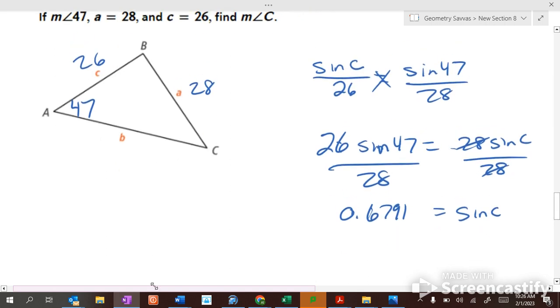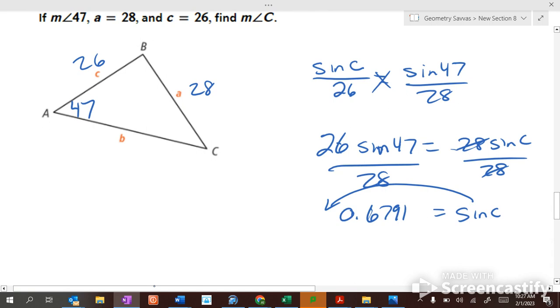Okay, and then to move the sine to the other side, it's the inverse sine. So C equals 42.8 degrees. Good enough.